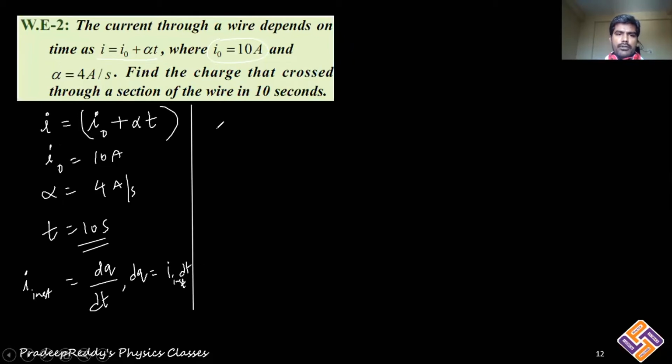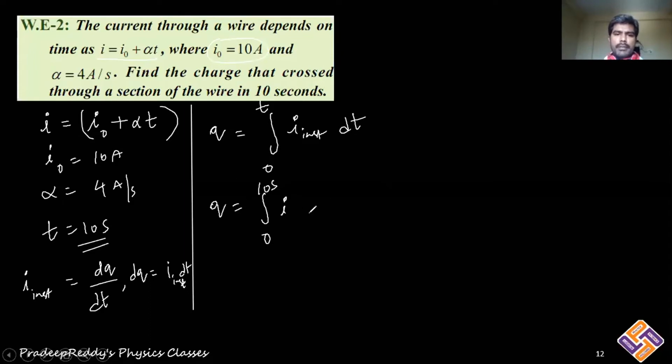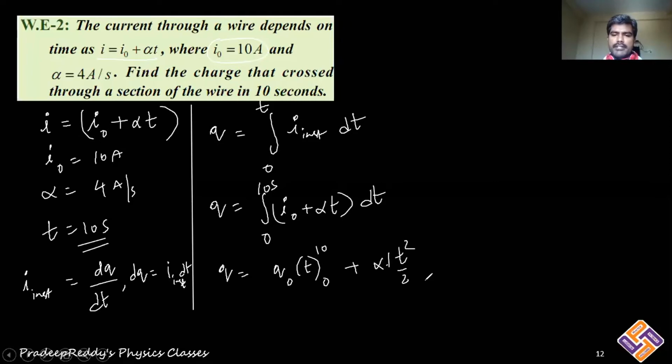So q is the integration from 0 to t of I instantaneous dt. Substituting, q is the integration from 0 to 10 seconds of I naught plus alpha t, dt. This gives q is equal to I naught into t, limits 0 to 10, plus alpha into t square by 2, limits 0 to 10.